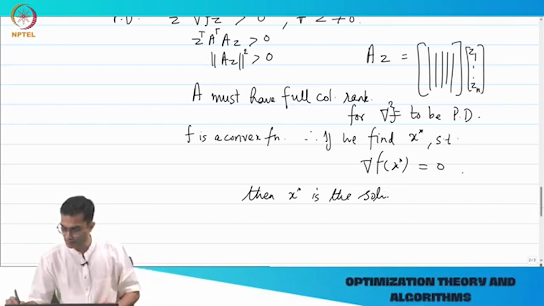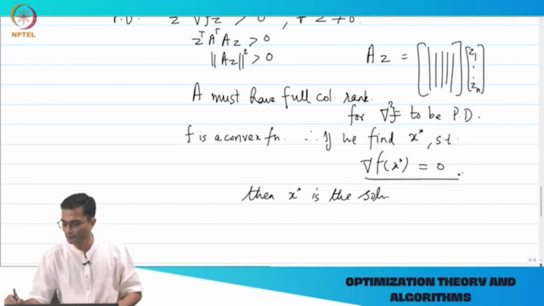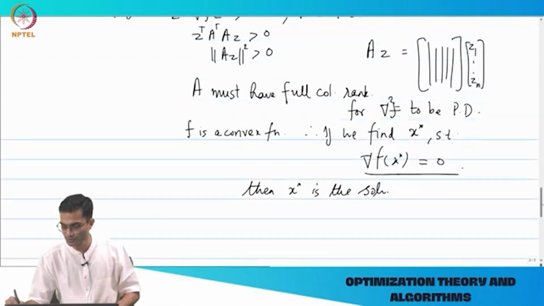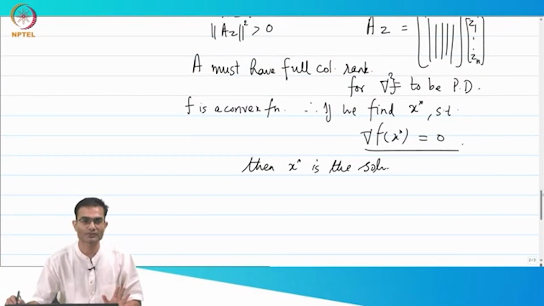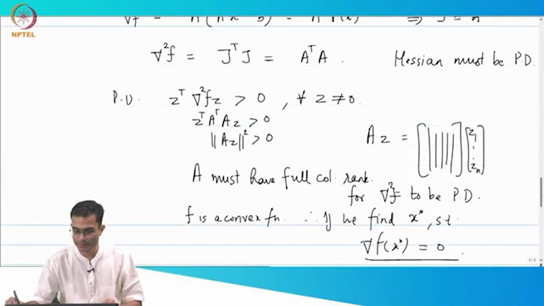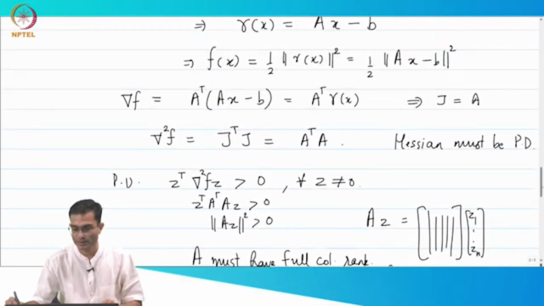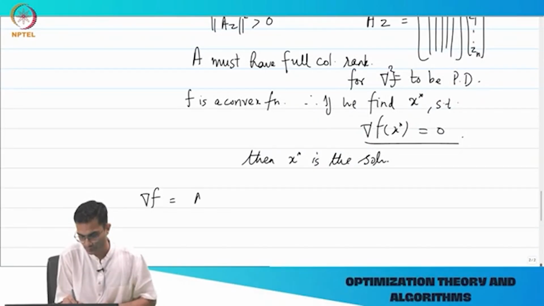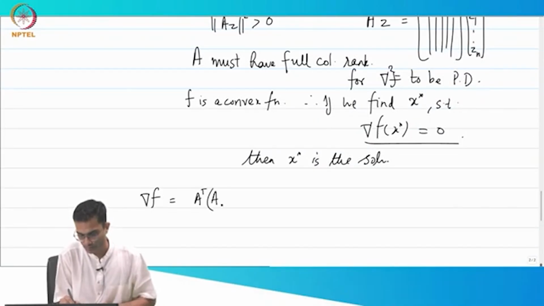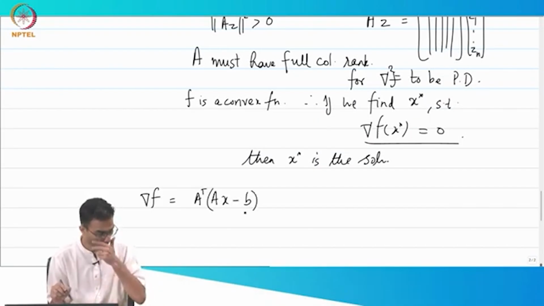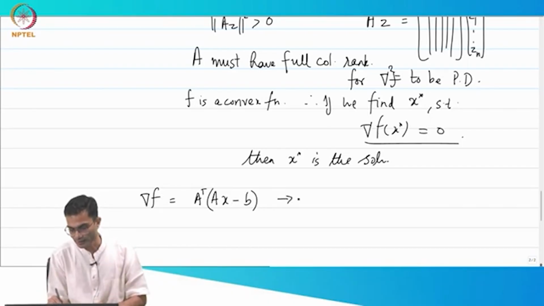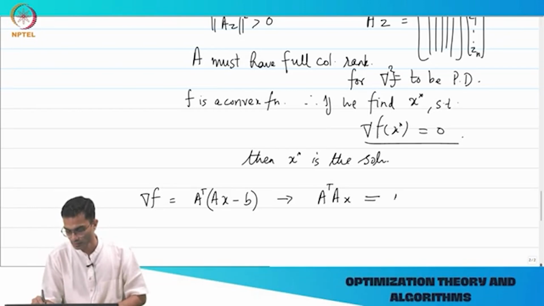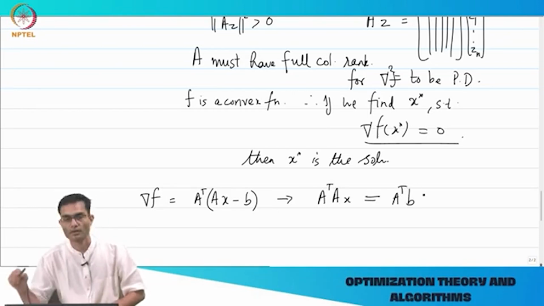Okay. So what is the equation that I need to solve now to finish this problem? Grad f equal to 0. Grad f, we already had an expression. Where was it? Grad f was here. A transpose (Ax minus b), right? So grad f is equal to A transpose (Ax minus b). Okay, and this basically becomes A transpose A x equals A transpose b.